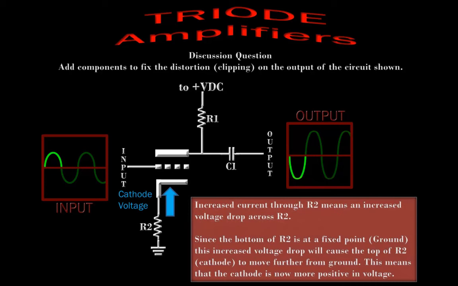What controls current flow through the tube is the relationship of the control grid to the cathode. We make the control grid more positive compared to the cathode, and we increase current flow. Well, now at exactly the same time we're doing that, the cathode is becoming more positive. So it's moving up in voltage along with the control grid. We get less of a difference in the voltage between the two, so we don't get the increase in current that we had before.